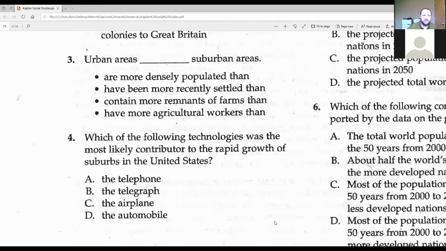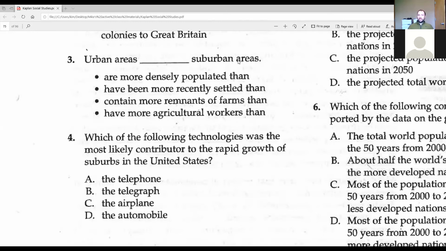And also, I would probably throw out "contain more remnants of farms than suburban." Because if suburban areas were once rural areas, it would make sense that they would have more old farms left over. So really, the only one that makes sense, if we think about cities, we think about suburbs, right? What's the best answer choice here?